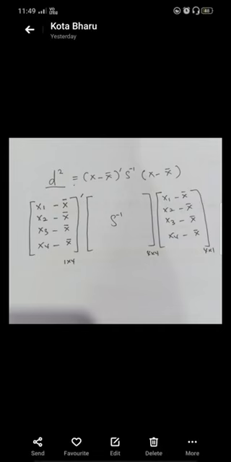So x minus x bar transpose will be, the dimension will be 1 by 4. Dimension untuk variance covariance 4 by 4. Okay, dimension for x minus x bar will be 4 by 1. Lastly, you will get one value. So we need to do the same for every observation. So you akan dapat the list of d square.